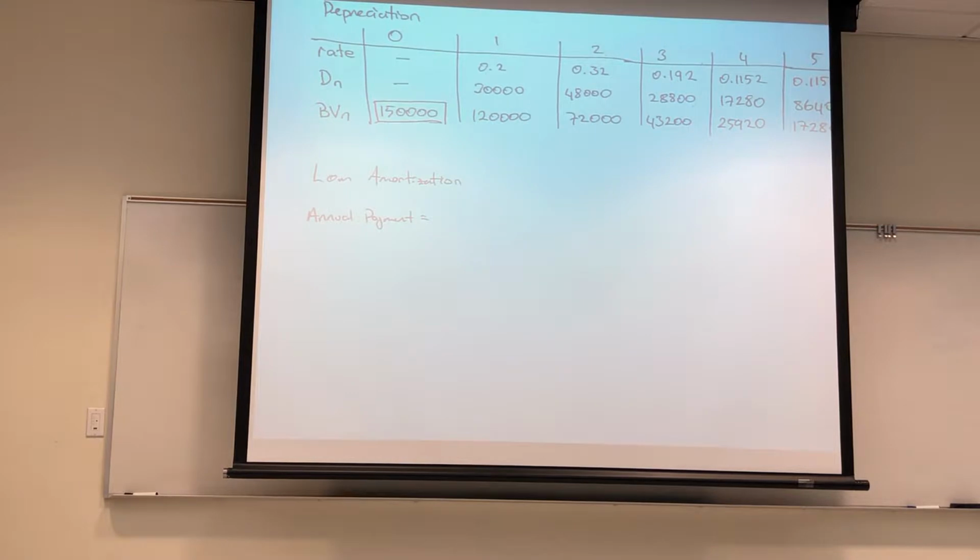Do you guys remember how to find the annual payment? I'm assuming yes, but I'm going to go over it again. Since this is a present value, we're going to make it annual, A given P, interest rate times N of loan. Loan repayment rates. Yeah. We know our i, we know the loan repayment period, and we know the initial investment. So this will be 90,000 because we borrowed 90,000.